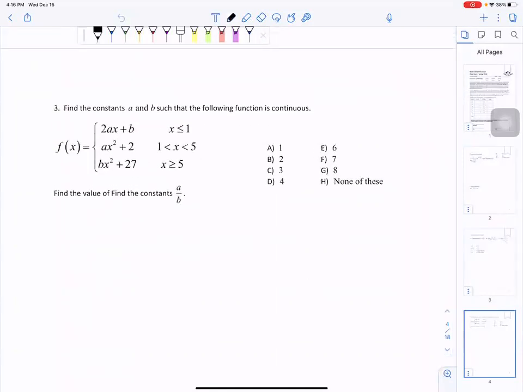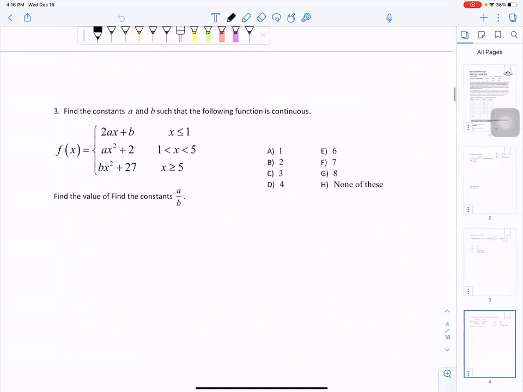continuous. So whenever you see a question like this, if it asks where f of x is discontinuous, it's most likely going to be at the endpoints of these intervals, like this 1 and this 5, because that's where different things are happening.